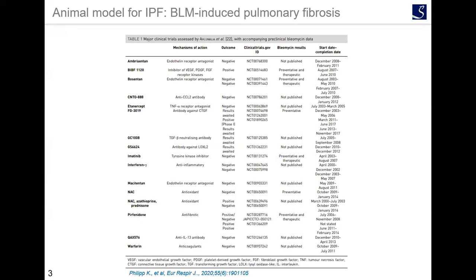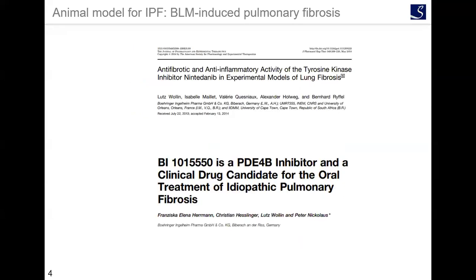Here's a list of candidate drugs for pulmonary fibrosis currently in clinical trial. These compounds are tested in bleomycin-induced model in the preclinical stage. For the treatments of idiopathic pulmonary fibrosis, there are only 2 drugs that are in the market right now, which are nintedanib and dexamethasone.